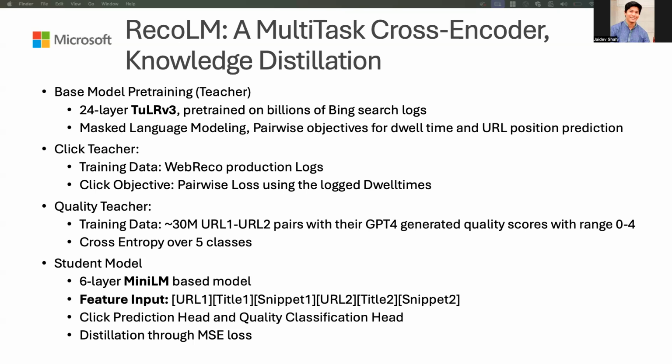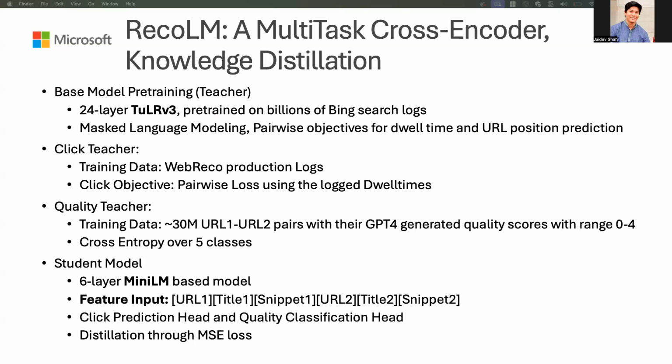For the teacher, we have both the click teacher and the quality teacher, where the click teacher is trained towards pairwise loss using the log dwell times. And the quality teacher has a classification task across the 5 quality classes, 0 to 4, where the labels come from the recommendation quality prompt that I talked about in the previous slide, the Reco DCG prompt.